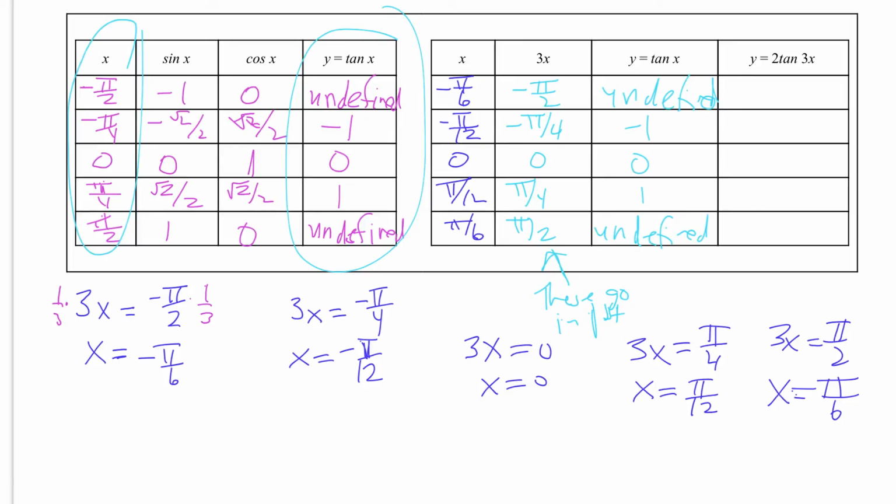And then what we need to do is take a look at this 2 in front, which is our amplitude. Just like with our sine and cosine functions, we multiply everything here by 2. You can't multiply the undefined, so this is going to stay undefined. That's still going to be our asymptote.